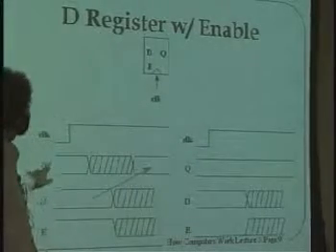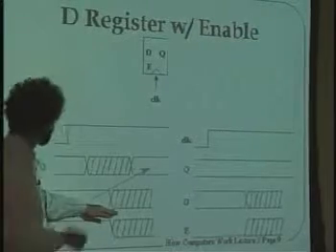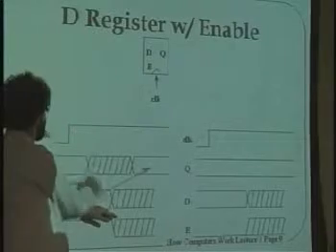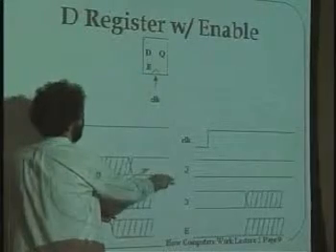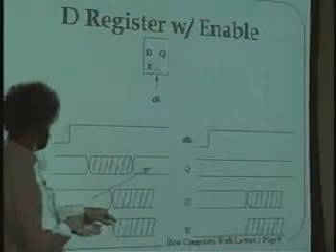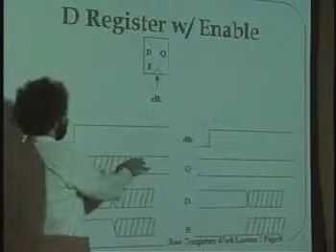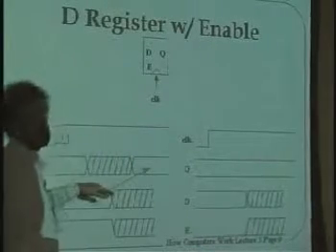So here's the output, the picture that this thing is going to take. If this was low before, when the clock went from low to high, then the Q output will be low after a short time, and it will stay low until the next picture is taken. On the other hand, if D was high when the clock went from low to high, Q would go from low to high.